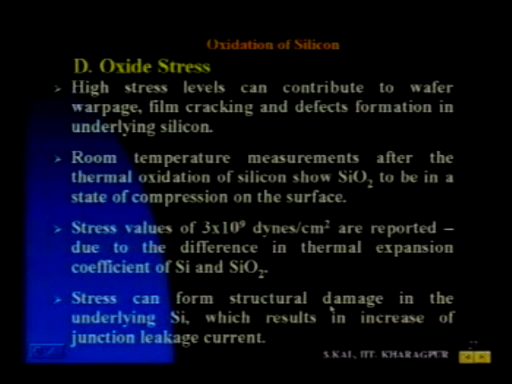The structural damage will increase the junction leakage current. These are the effects of stress, which come because of the thermal expansion coefficient mismatch of silicon and silicon dioxide. Clear?